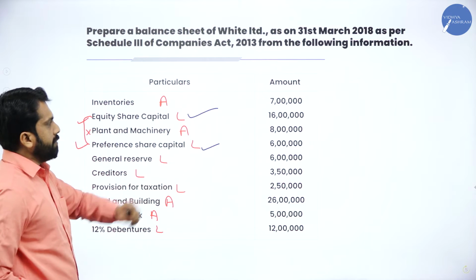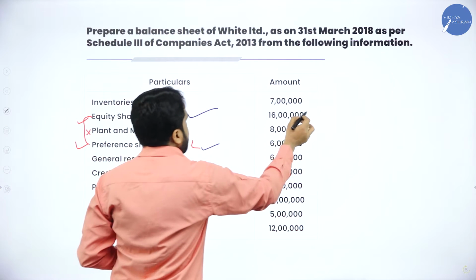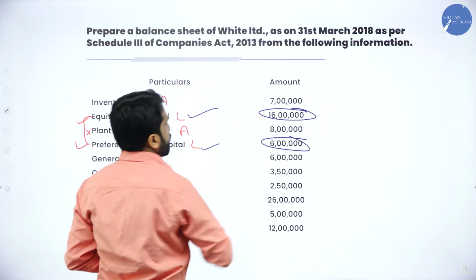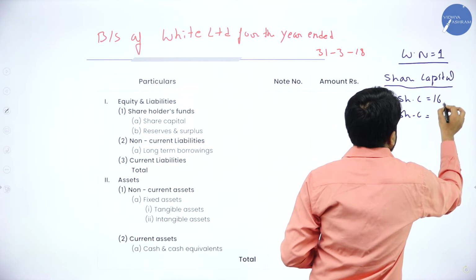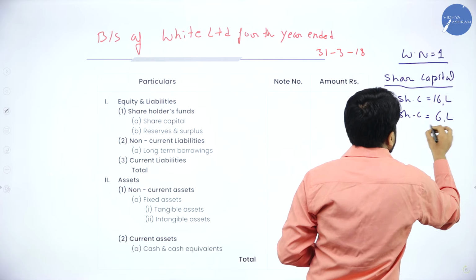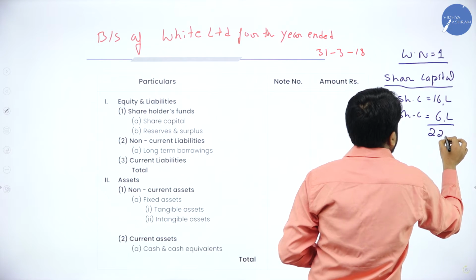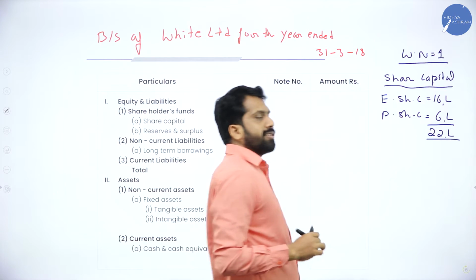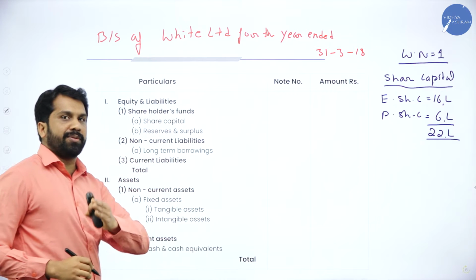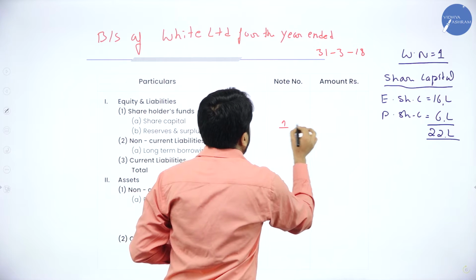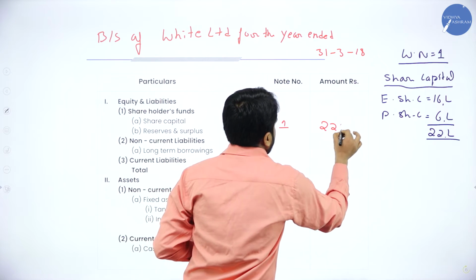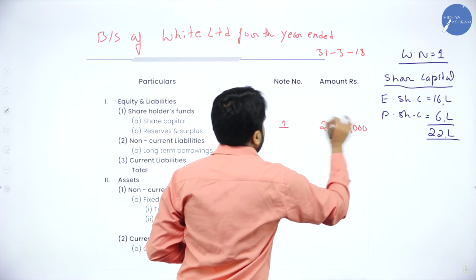Preference share capital you have around 6 lakh. So your equity is over, preference also over. Equity share capital 16 lakh and 6 lakh. Total is 22 lakh. What is the answer? 22 lakh. Now, your share capital as per note 1, the answer is 22 lakh.